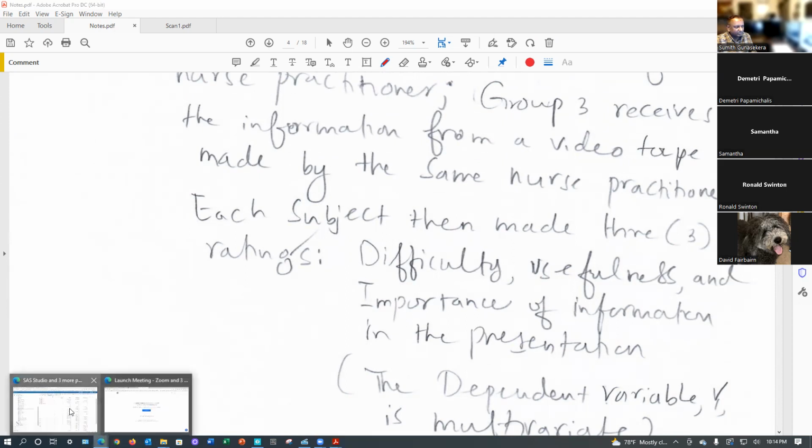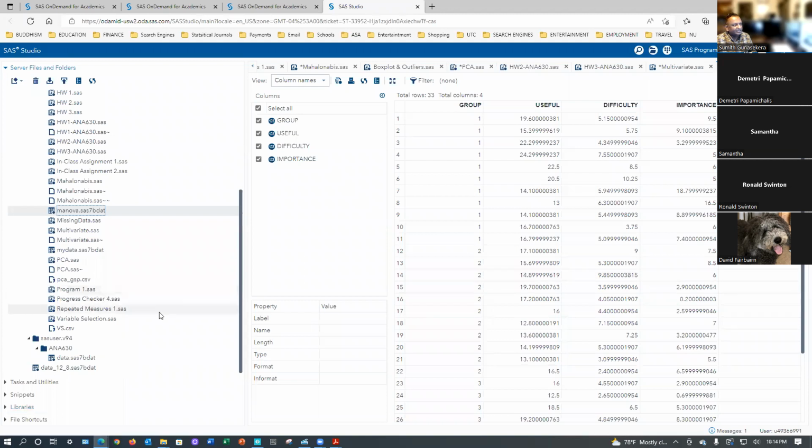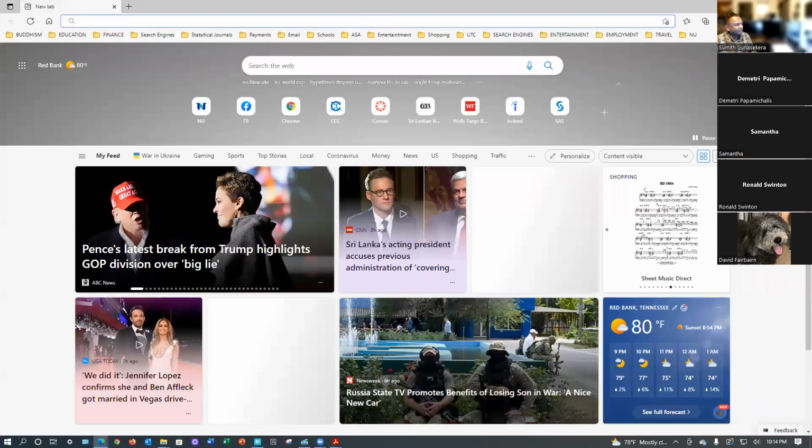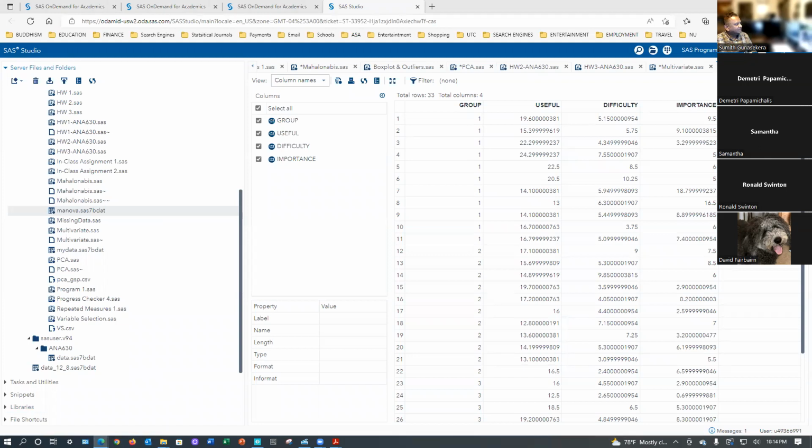Okay, so this is the data. What I'm going to do is load the data. Then I'm going to go to contents, data, and create a new folder.